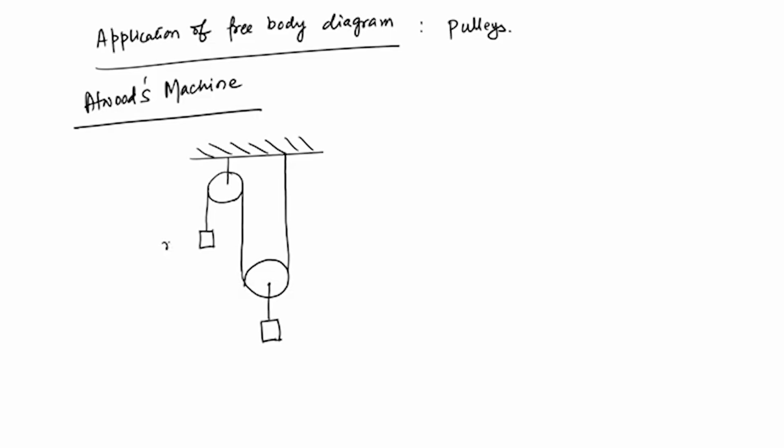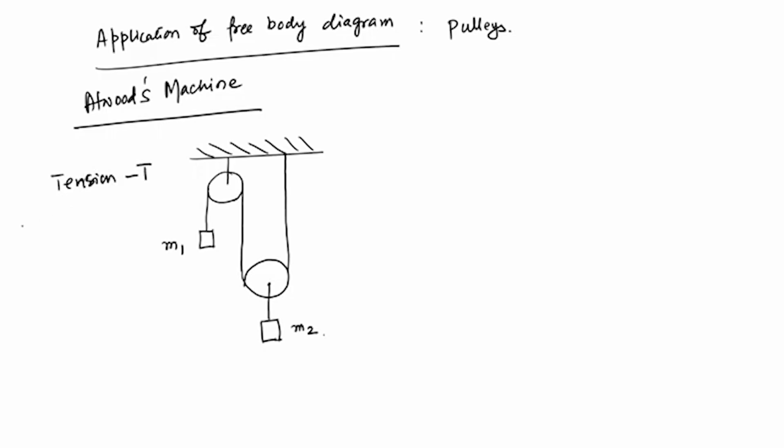Let me draw these masses. This is mass m1 and this is mass m2, and each of the tensions is T. It is basically the same string, so it has to have a tension T. Okay.